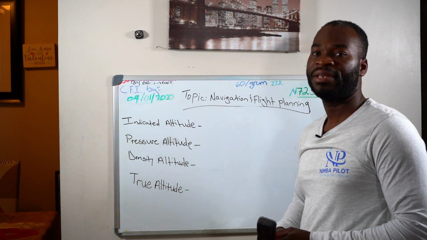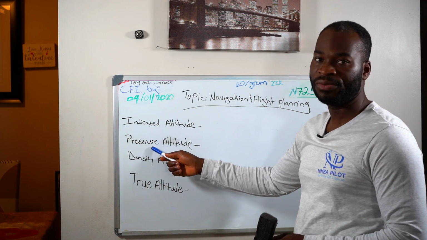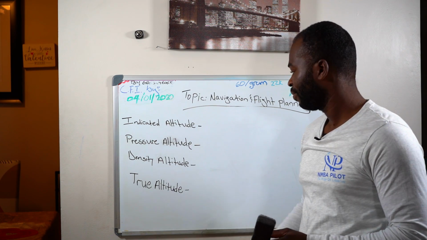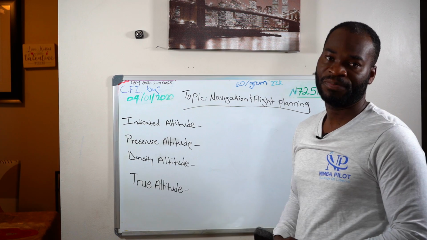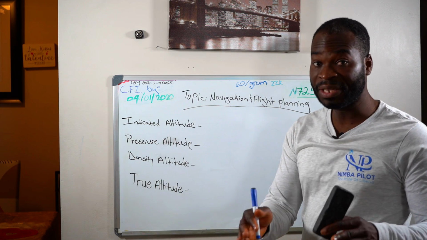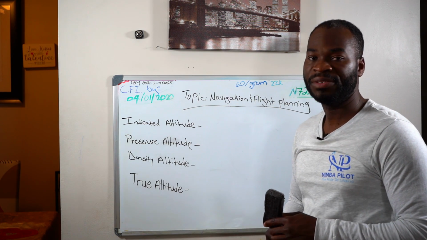What about density altitude? Density altitude is pressure altitude corrected for non-standard temperature. What about your true altitude? Your true altitude is the true vertical distance of the aircraft above mean sea level.